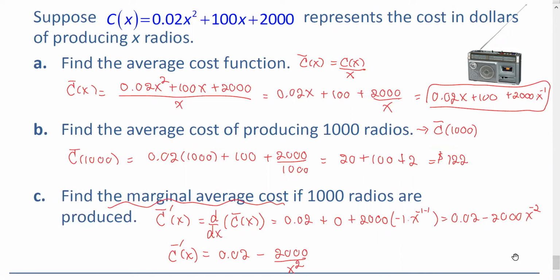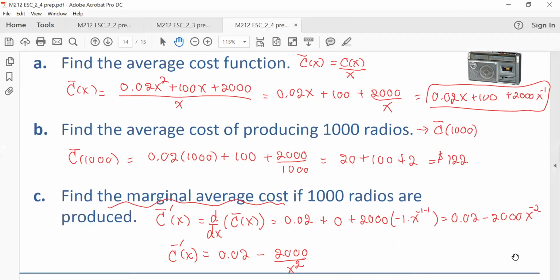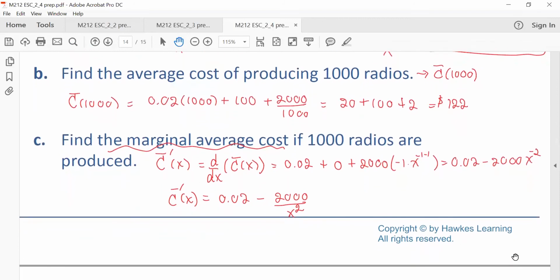And next, we are going to find the marginal average cost if 1,000 radios are produced. C bar prime at 1,000 equals 0.02 minus 2,000 divided by 1,000 squared.